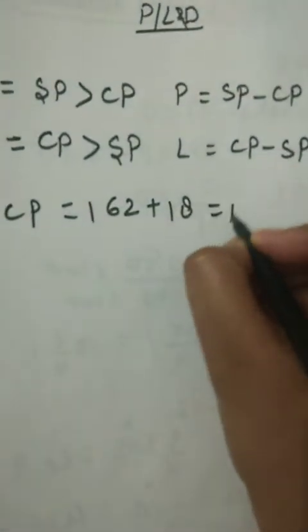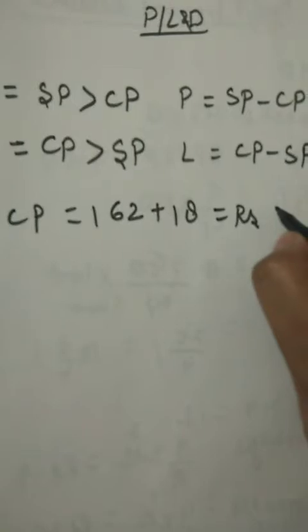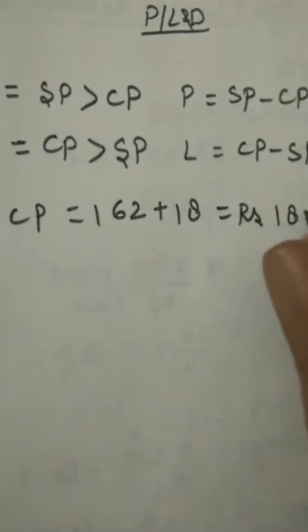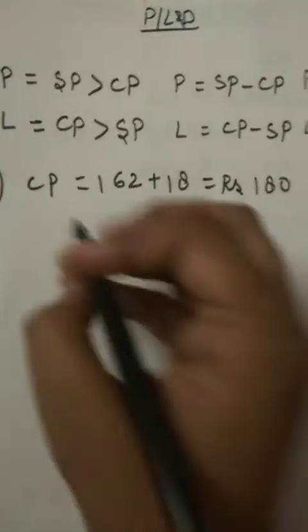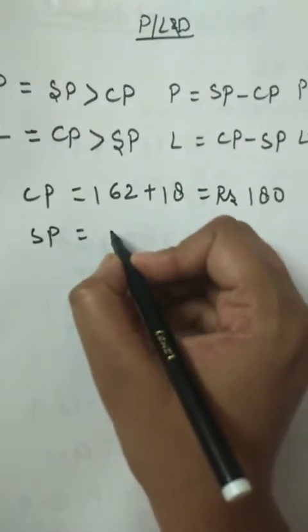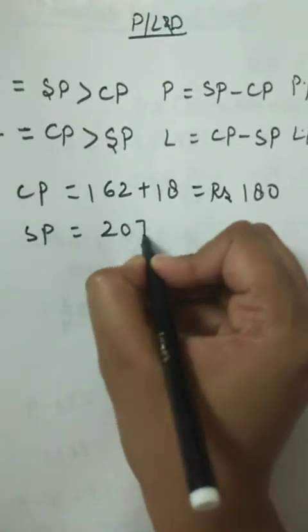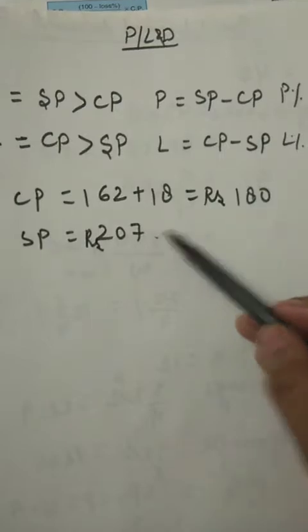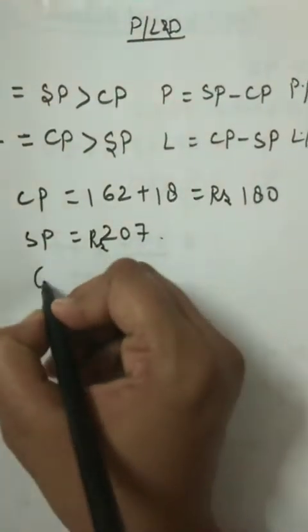So it will be rupees 180. He sold it at this much price, 207. Now again you can see selling price is more than cost price, so he will gain.